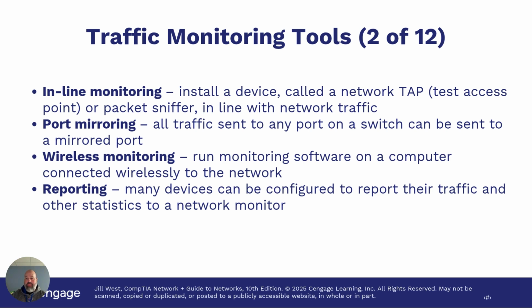Wireless monitoring means running software on a computer connected wirelessly. You're basically eavesdropping on a Wi-Fi conversation, but legally doing so. And reporting means devices can be configured to tattle on themselves by sending their statistics to a network monitor, like having your equipment send you a daily report.